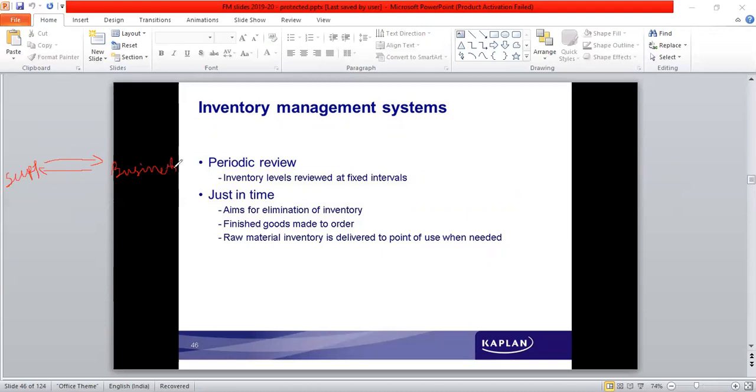From the stores department, the material is moved to production, and production is taken up. After that, the products are moved to warehouses or showroom, and finally they are kept available for customers to come and purchase. Then the customer places an order and purchases.